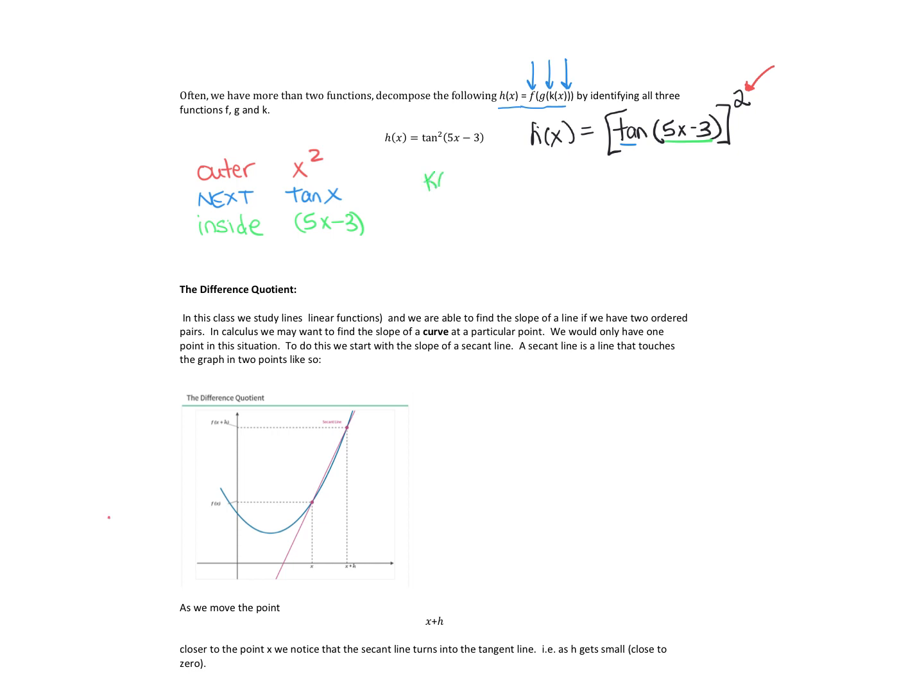K of x is going to be 5x minus 3. The next one, g of x, is tan x. And then the outermost function is going to be x squared, and that is our f of x.